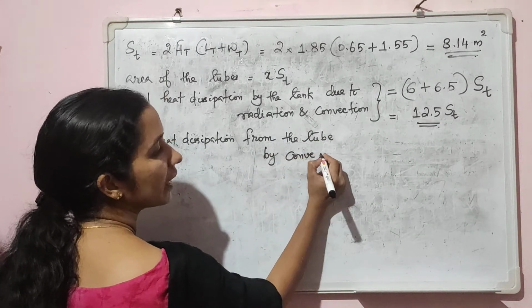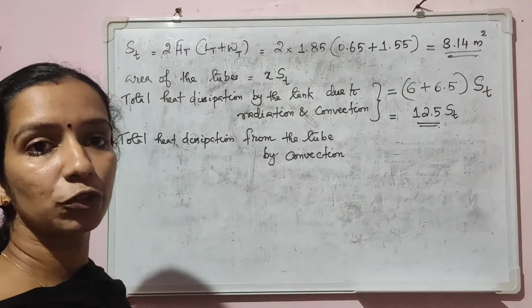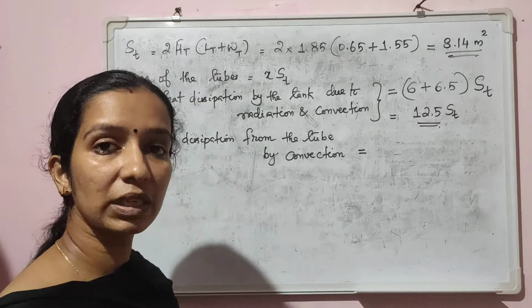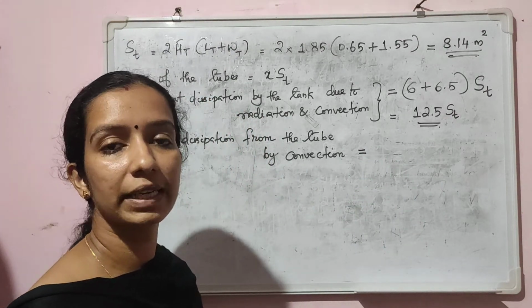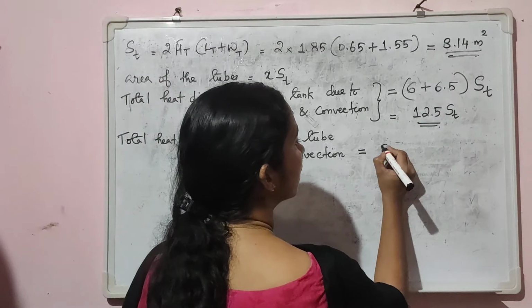Tube dissipates heat by convection. So total heat dissipation from the tube by convection is equal to, what was the heat dissipation already there due to convection? 6.5 watt per meter square degree Celsius.